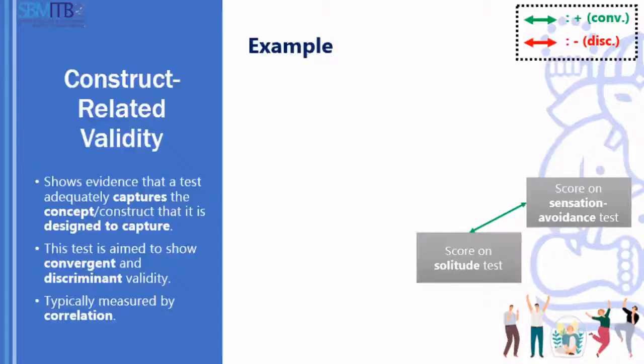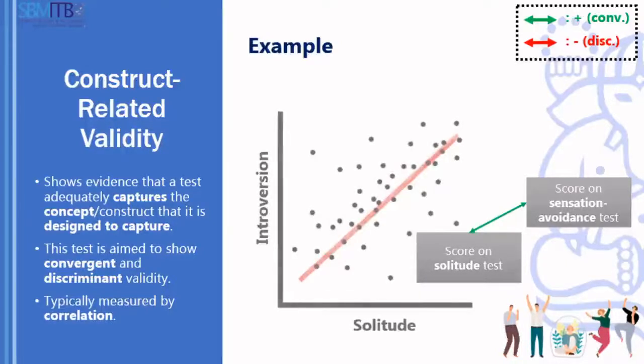Previously, we talked about the relationship between solitude and sensation avoidance scores being supposed to confirm convergent validity. If we visualize the scores of each test in a scatter plot graph, it should show positive correlation like this.